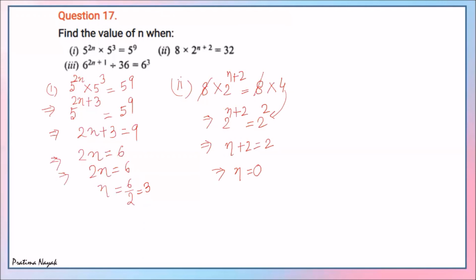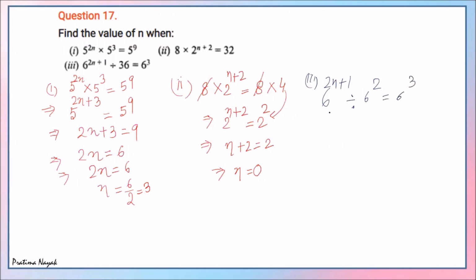Coming to the third part. The third part is 6 to the power 2n plus 1 divided by 36. Division 36 means how much? 6 to the power 2. 36 is 6 to the power 2, is equal to 6 to the power 3.